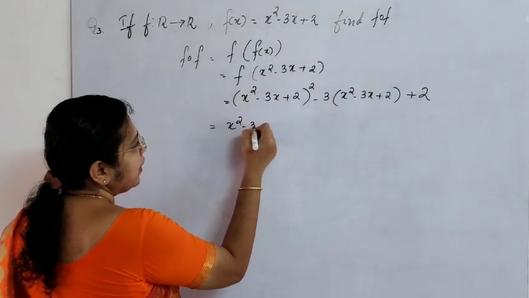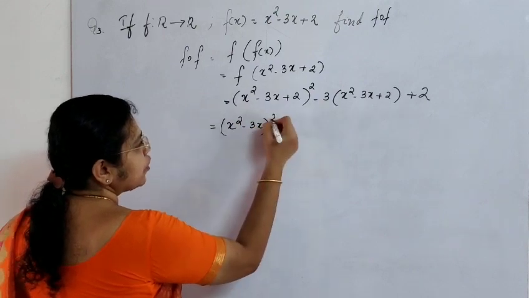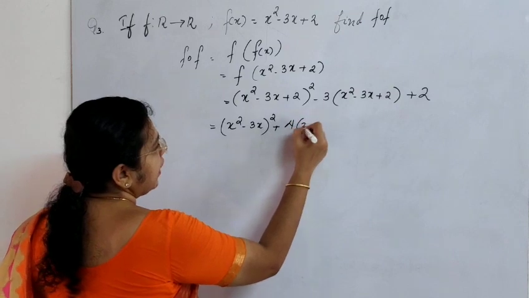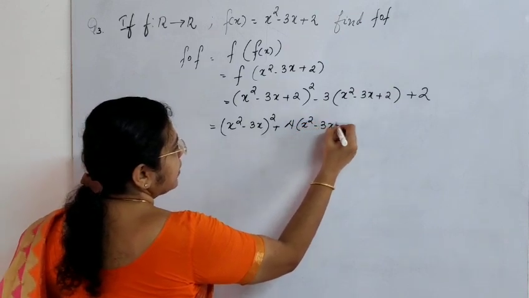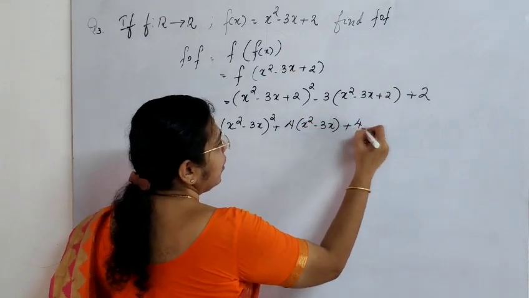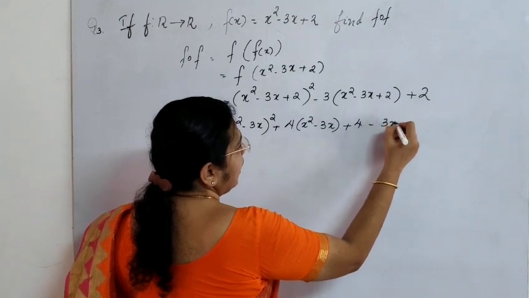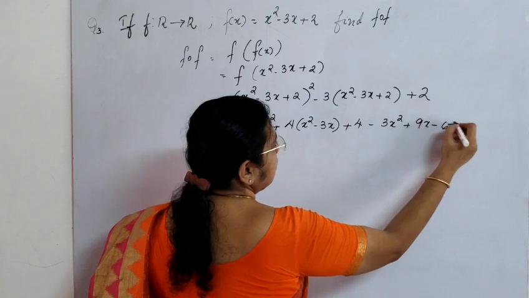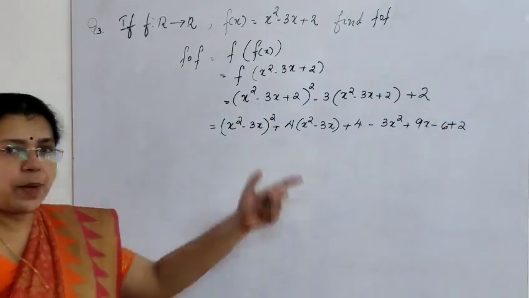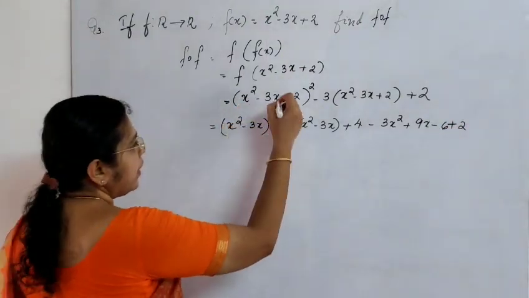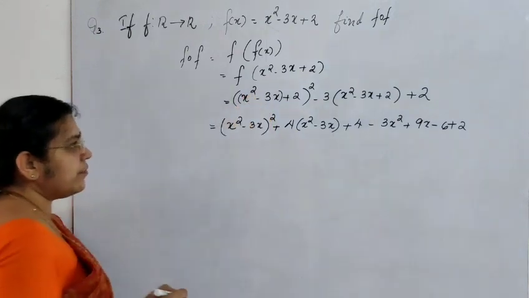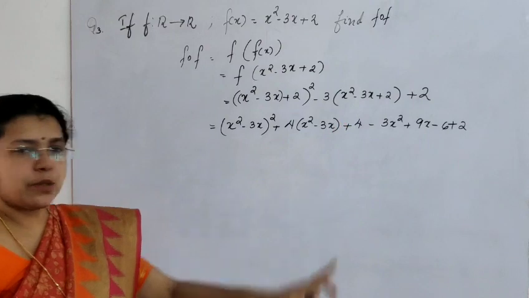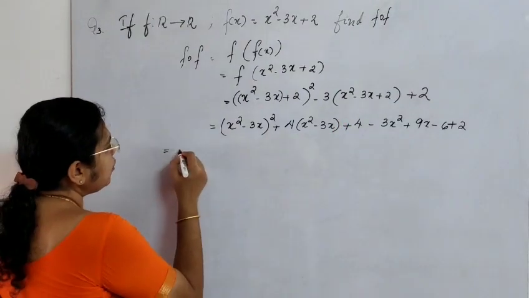That is, x square minus 3x, the whole square, plus 2 into 2, 4 times x square minus 3x, plus 4, minus 3x square plus 9x minus 6 plus 2. I'm just expanding it, taking this as the first term, using a square plus 2ab plus b square. Now on expansion, what will I get?